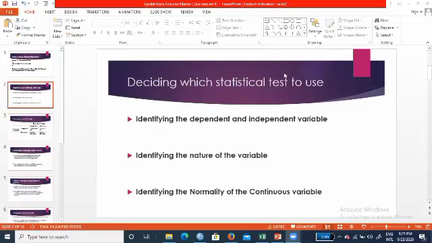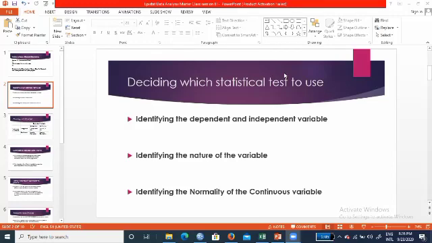And also, like I've said in our previous class, you need to check for the normality of the variable. The normality of the variable will determine which statistical test to use. If the variable is not normally distributed, then you have to change from parametric to non-parametric.